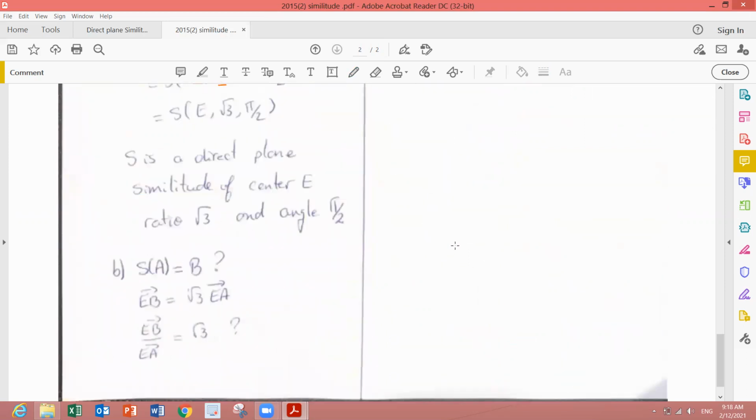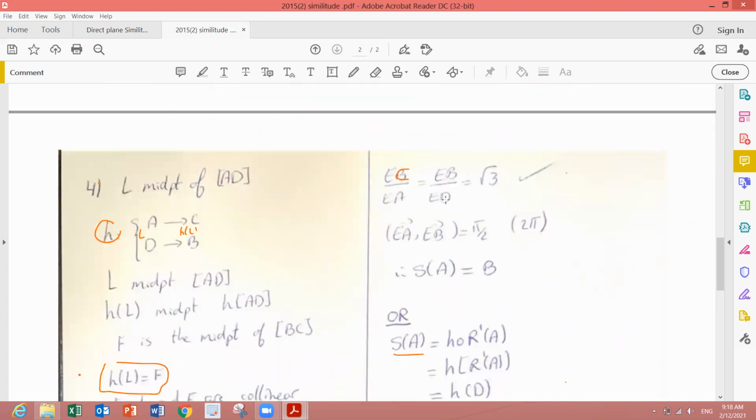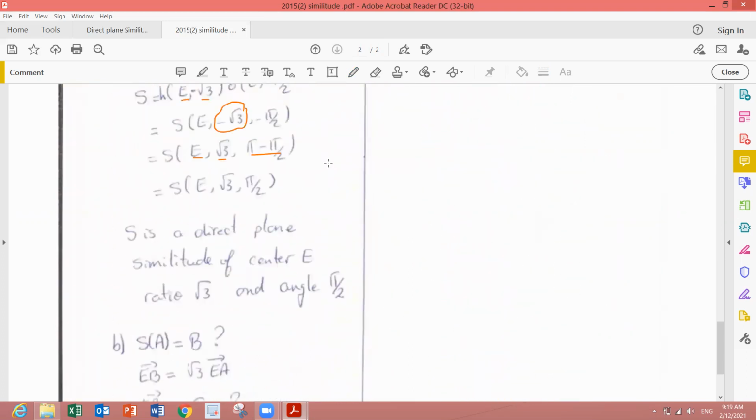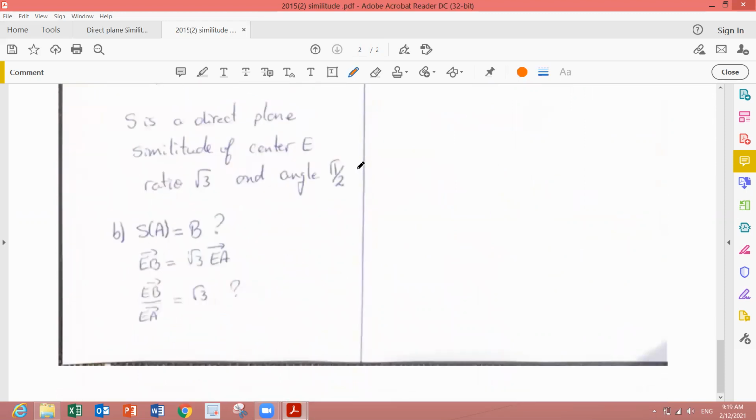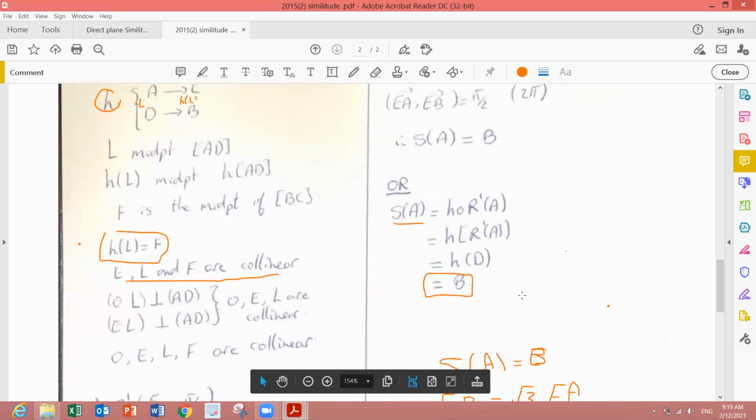So EB equals radical 3 EA. But don't forget about this method, don't write it. It is not better. Don't write this method, stick to the other method.